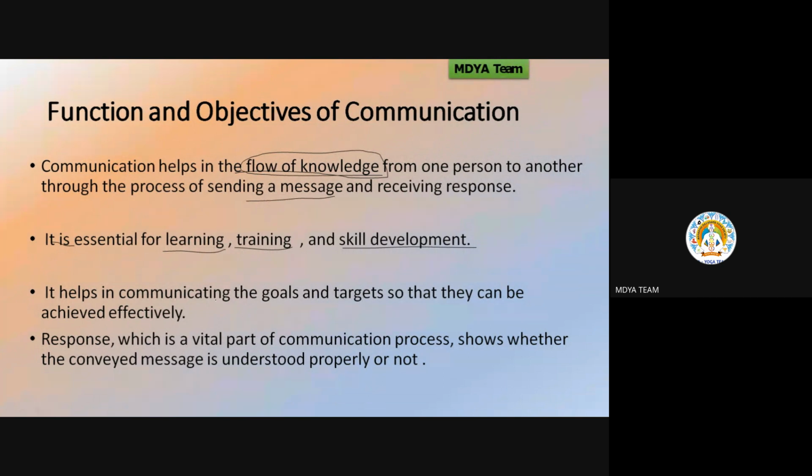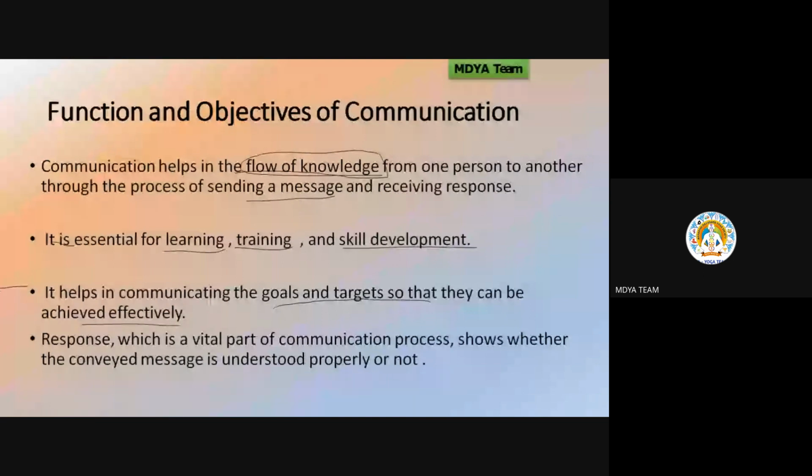Next, it helps in communicating the goals and targets so that they can be achieved effectively. Like in an office, the leader shares what the targets and goals are, and then all the workers in the company achieve them. So it's all through communication.